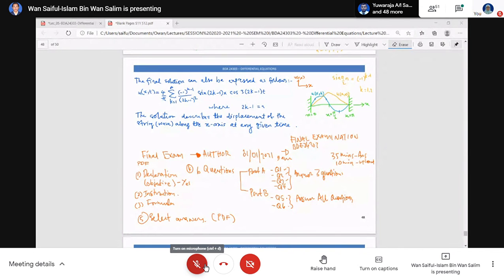So by 35 minutes, you have to finish answer, and that 10 minutes is used for you to attempt to upload your answer. So tak ada kompromi dah in terms of late submission. If you exceed 45 minutes, you cannot even send your jawapan. Tak boleh nak jawab, tak boleh nak hantar langsung. Dia terus tutup saja. Sistem tu akan automatic tutup.